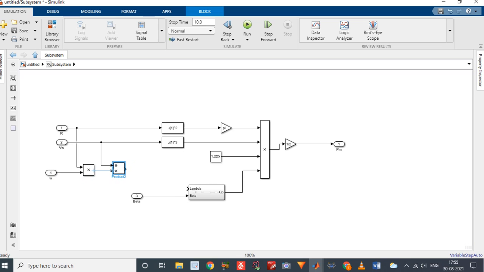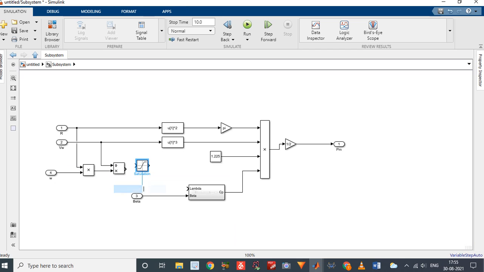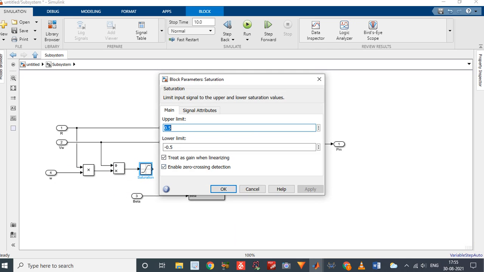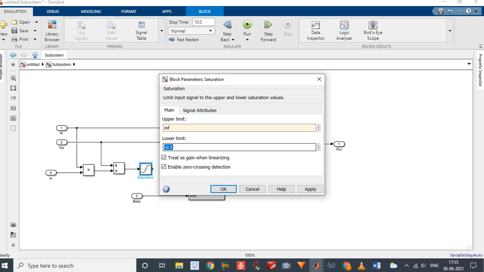Then I have to go for the saturation block. So saturation upper limit would be infinity here, and the lower limit 1e minus 6.